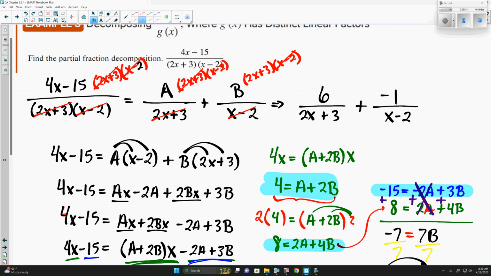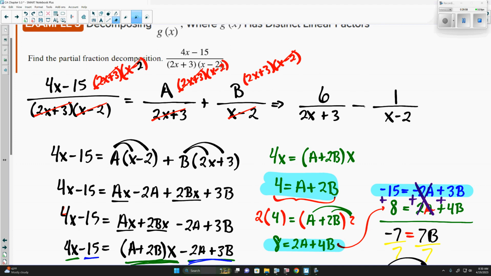Now there is an alternate version of this answer. And that's just dealing with the fact that b is negative 1. If I don't want to write it as plus negative 1 over x minus 2, I can just move the negative in front of it and say that they're being subtracted.